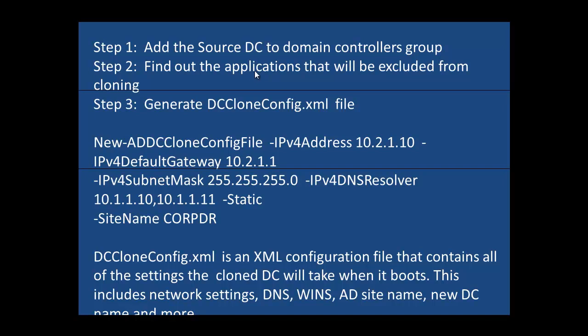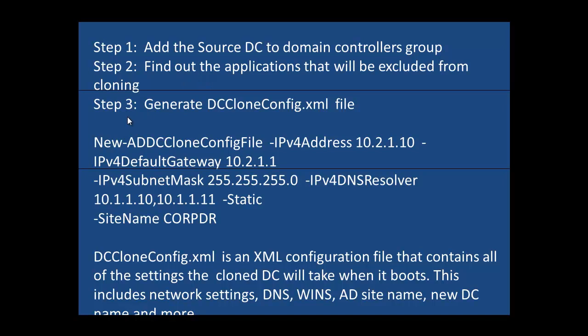There are some applications that will not clone, so you need to run that command, because if you run step 3, where we have to generate the DC clone config file, it will give you an error. It will not run if there are applications that cannot be cloned. So one good thing to do first would be to run the command that would allow you to find out those applications that will not clone.